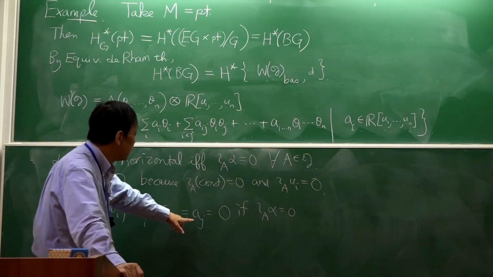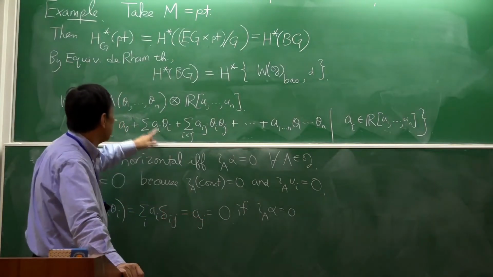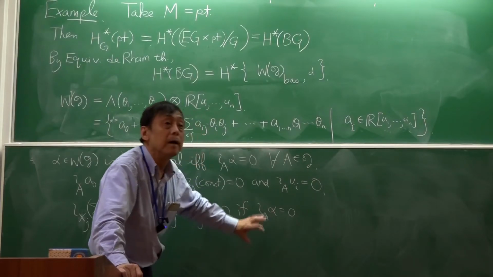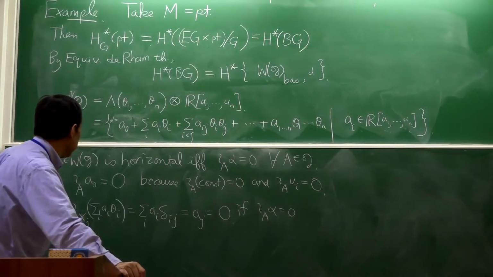If any of the AJs is not 0, then it is going to be in IA of alpha, and so IA of alpha won't be 0.